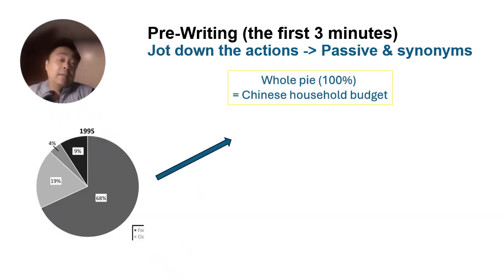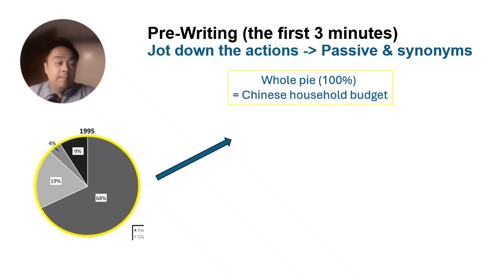Now, if you still have some time left in your pre-writing, your first 3 minutes, you might like to write down any grammar structures or write down your thoughts about what each slice represents. Because when it comes to describing percentages, proportions, and pie charts, it's easy to make mistakes.